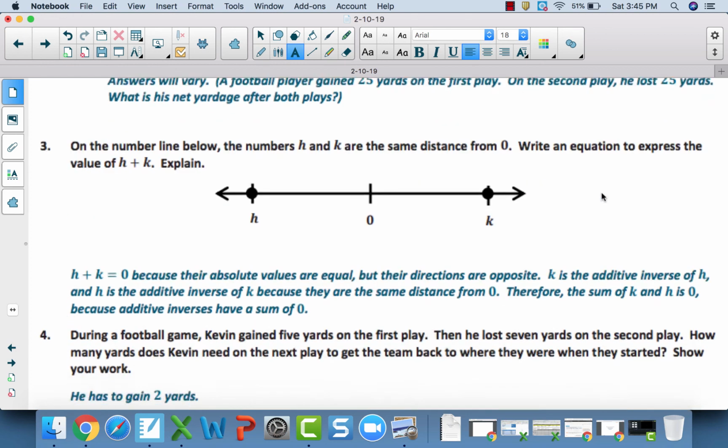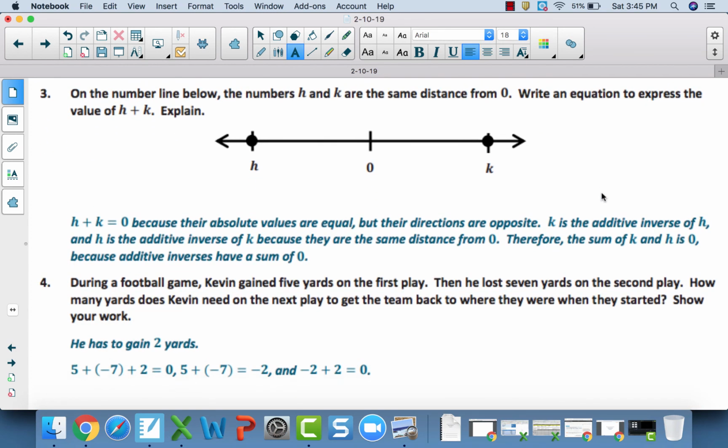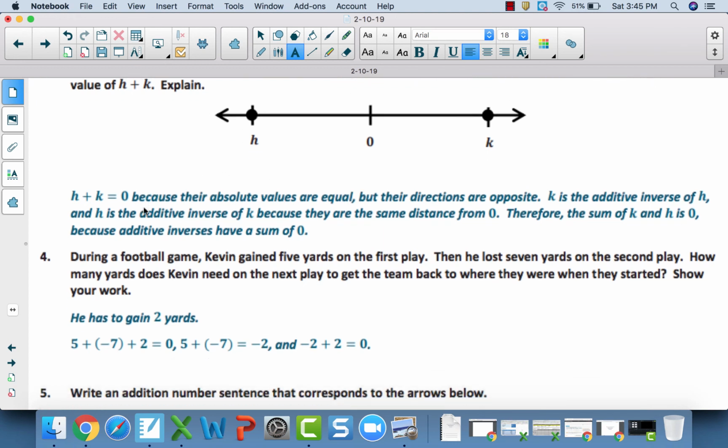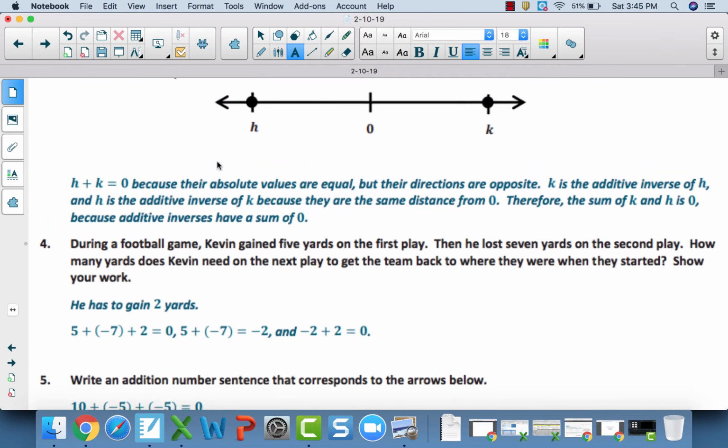Okay? Now, moving down, 3, we have H and K. They are the same distance from 0. So that tells me these are opposites because they're equidistant from 0 on opposite sides of 0. So writing an equation to represent H plus K is 0 because their absolute values are equal, but their directions are opposite.